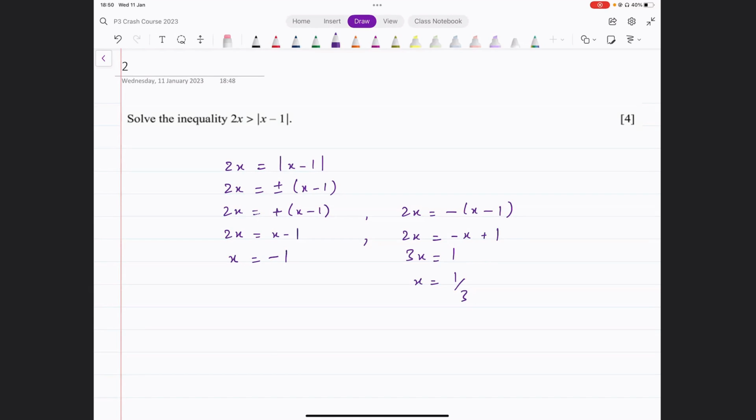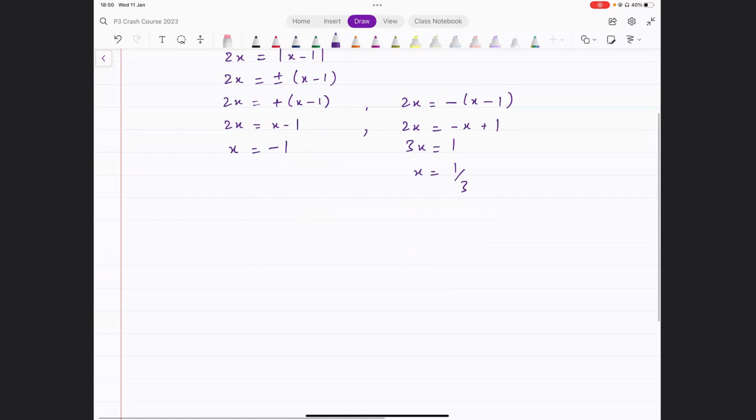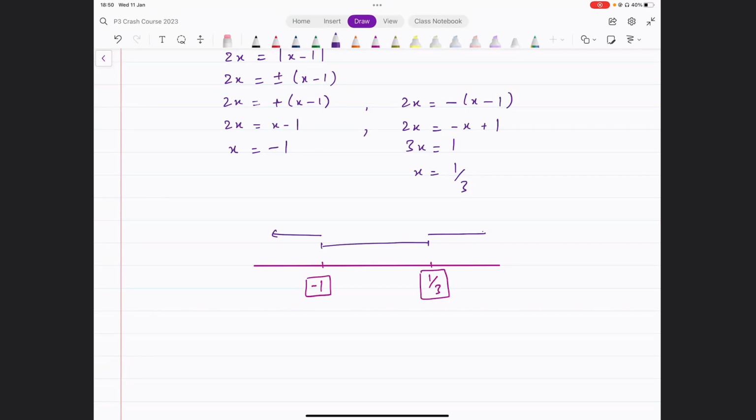Okay. Once we have found these 2 points, we draw a number line like this. We mark those points here. One is minus 1 and the other is 1 over 3. And now we take one number in each of the 3 regions that we are getting on the number line. So one region is on the left here, one is in the middle, and one is towards the right side.